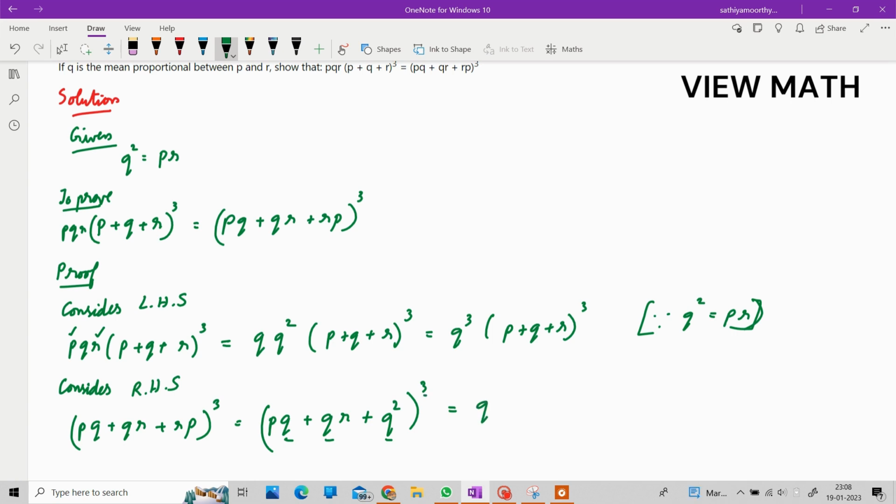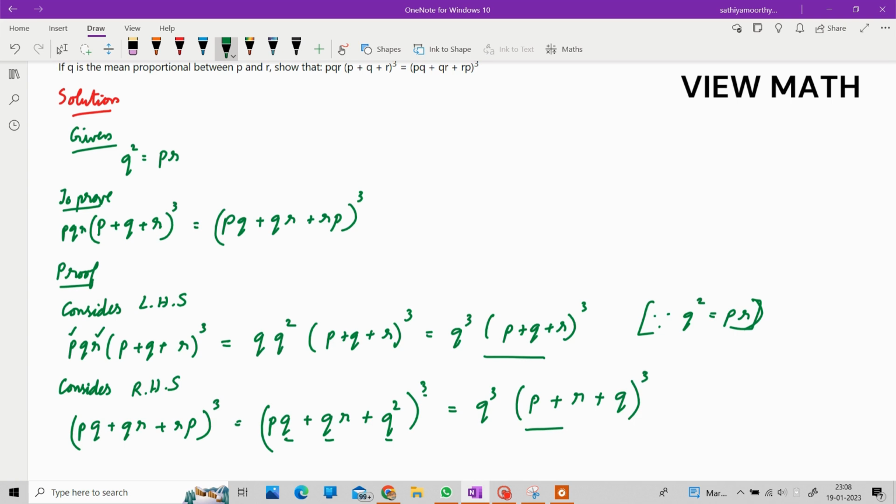So Q cube. Here the first term is P. The second term, Q, I have taken outside, so the second term is R. And here one Q I have taken outside, so one more Q remains inside the bracket. So this is the whole power 3. Now you can see both are equal: Q cube (P plus Q plus R) the whole cube.